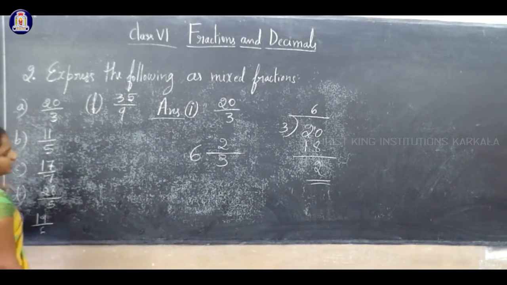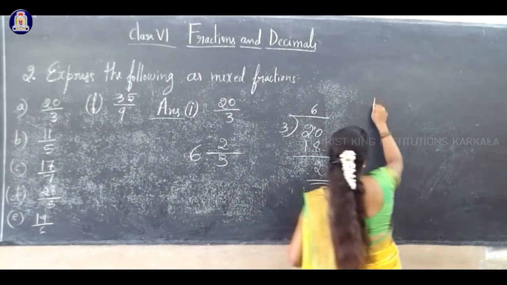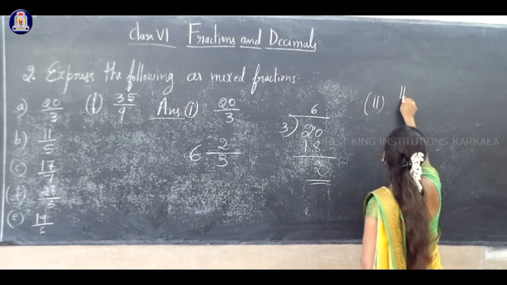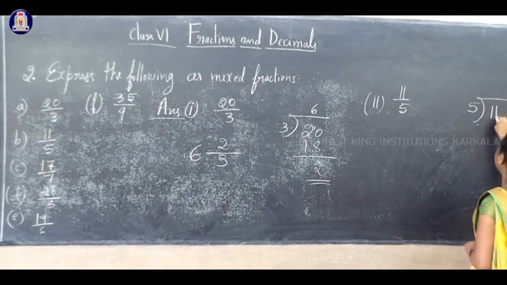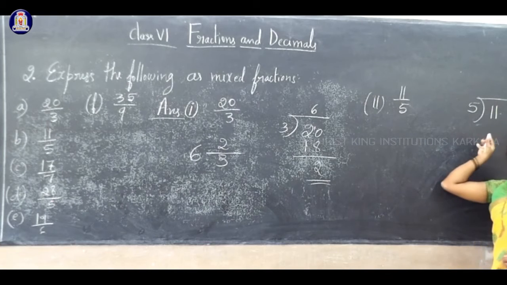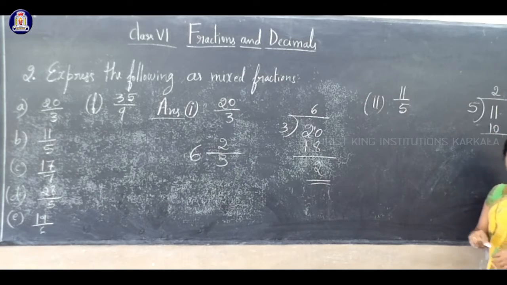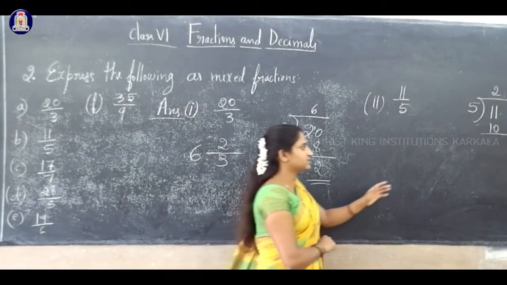The second improper fraction is 11 by 5. Divide 11 by 5. 5 how much are 11? 5 twos are 10. 5 threes are 15, which we cannot write, so the nearest to 11 is 10.